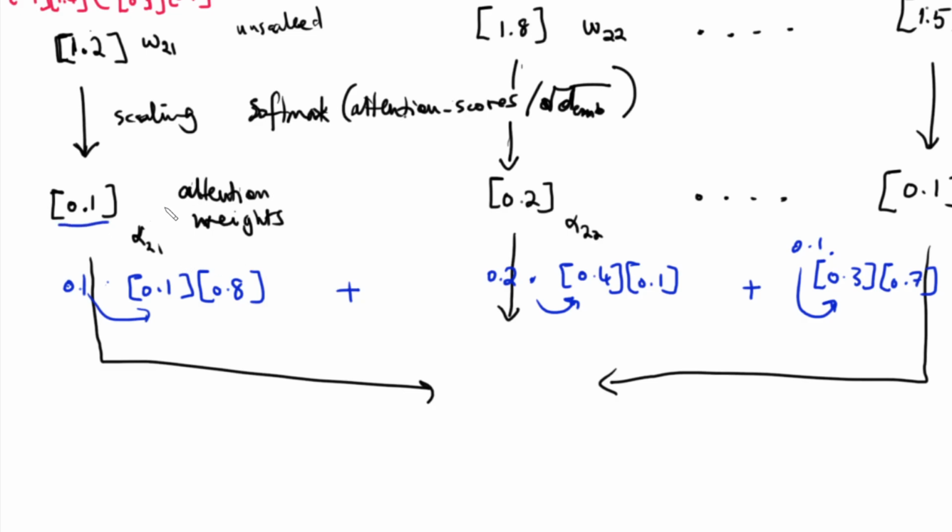So these attention weights are now being applied on the vector matrices like this. And we add as we calculate 0.1 times this and 0.1 times that. So it's going to be maybe 0.01 and then 0.08 plus. The same thing happens here.